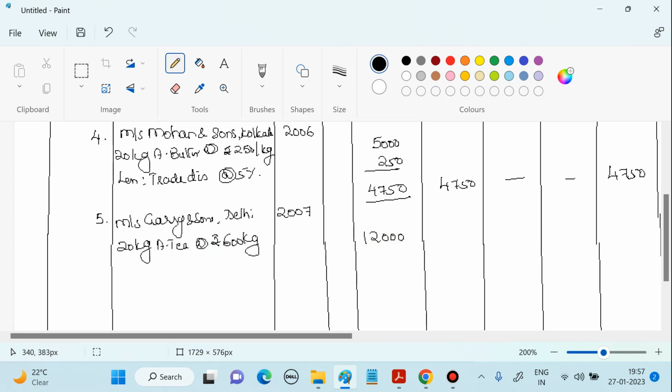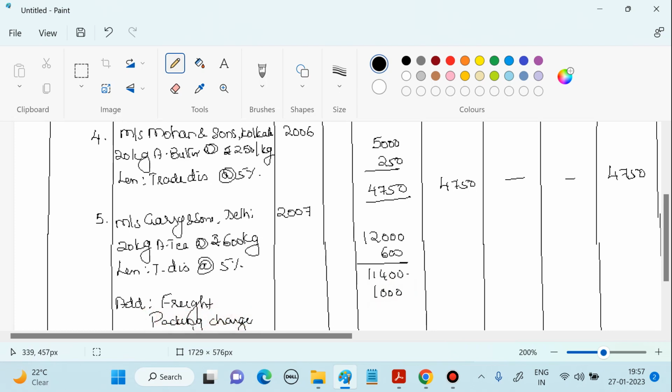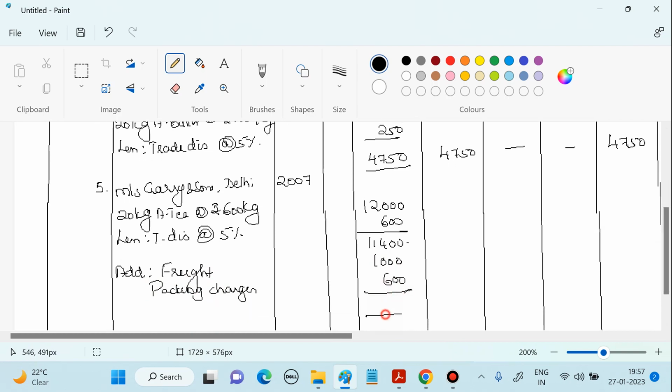Less trade discount 5%. So we reduce that, that will be 600. So 11,400. Then there's a freight 1,000. Add freight 1,000. And packing charges 600. Packing charges 600 was separately charged on that invoice. That's it. So total this up.